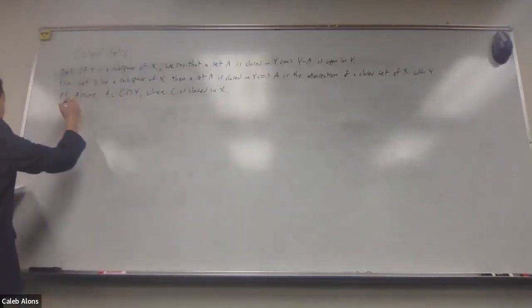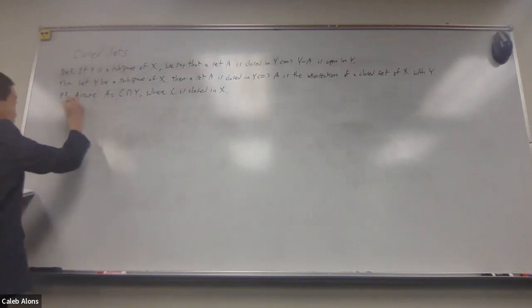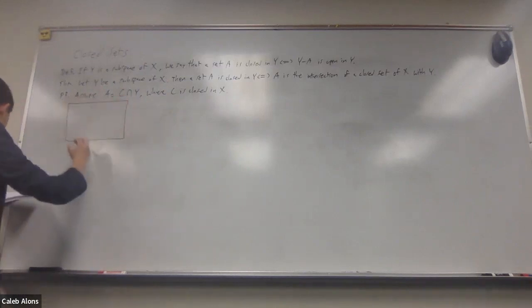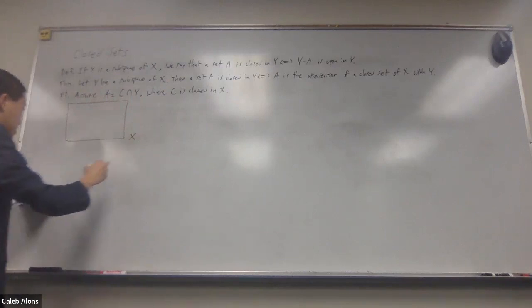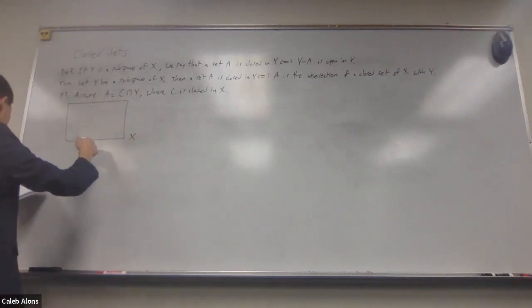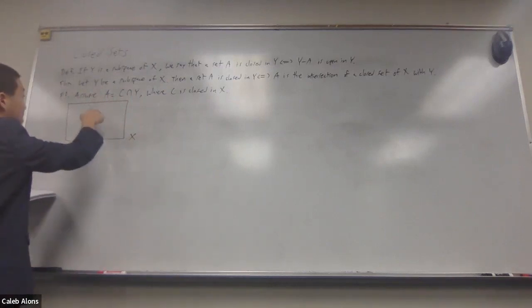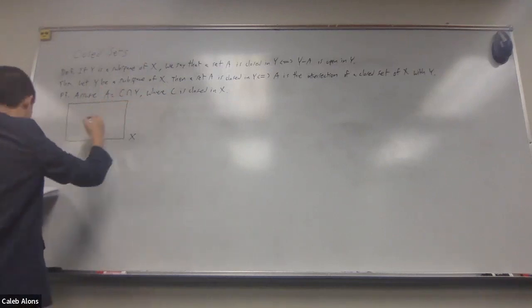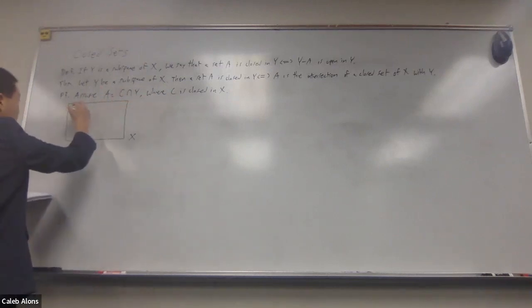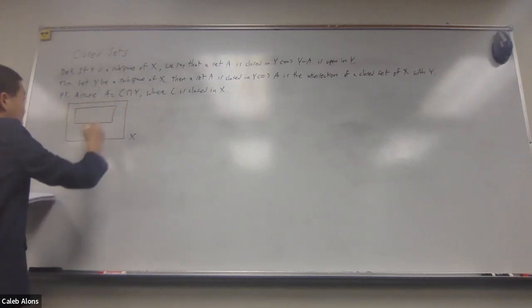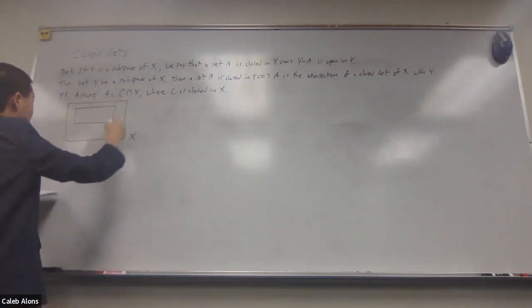So here's a little visual that I process everything with. Here's X. And so I'm going to have A being an intersection. So I'm going to have some Y being the subspace, but then I have a closed set in X. So say something like this.